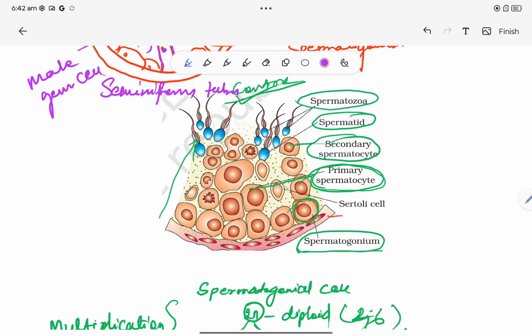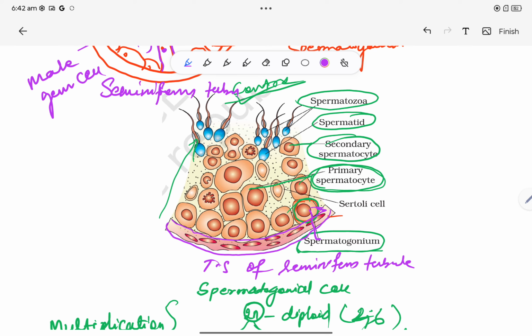This is the outer membrane of the seminiferous tubule. This is the transverse section, TS, of seminiferous tubule. Now the cells which are present at the base are the spermatogonium.